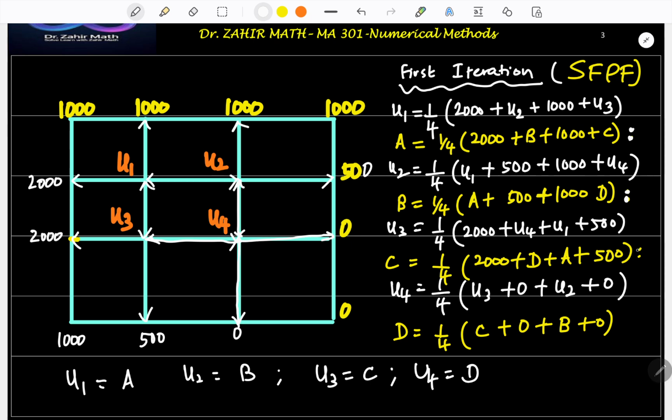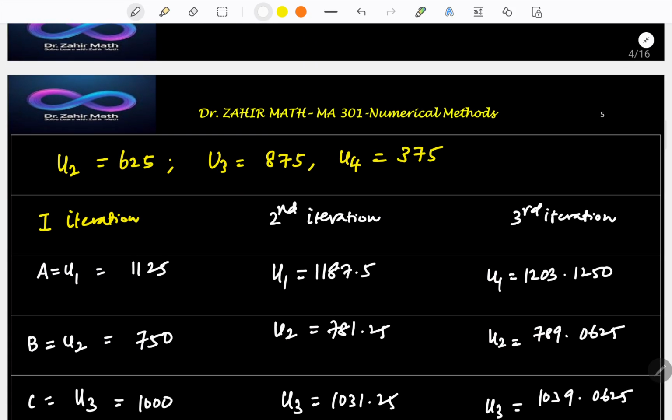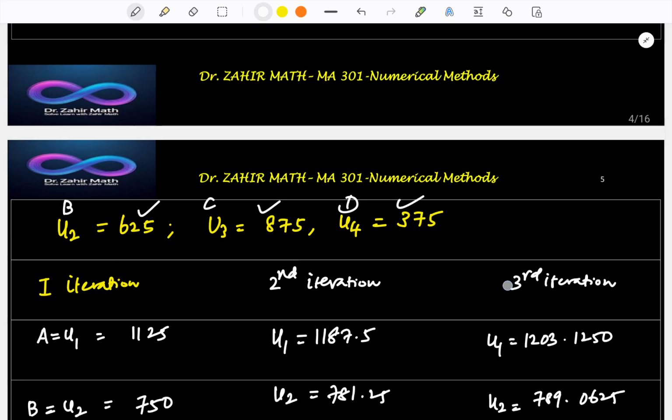Then press the button CALC. It will ask you B?, C?, and D?, so you have to keep those values ready. This is your B value, C value, and D value. Clear? Alhamdulillah, we have completed solving the Laplace equation at the square mesh center.